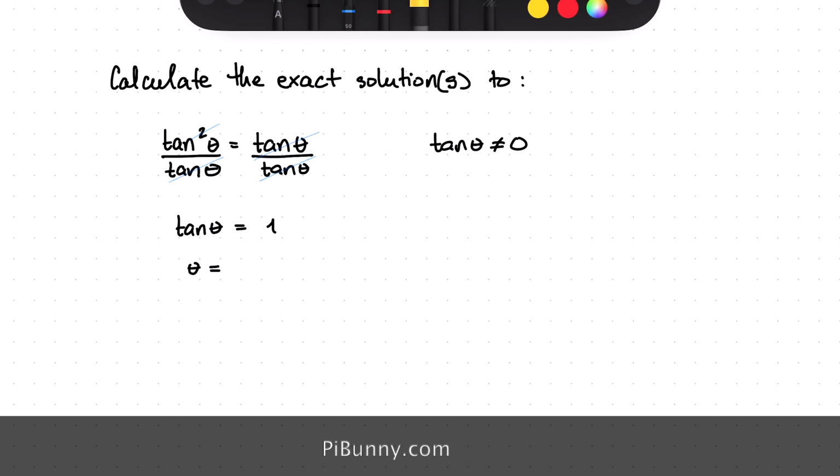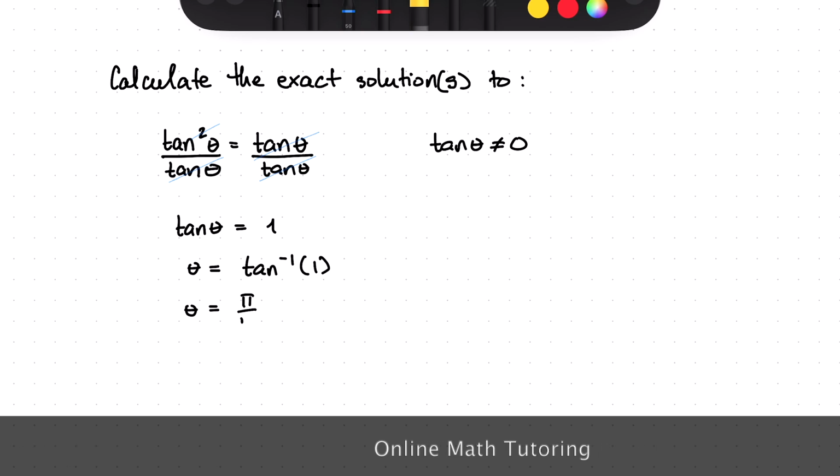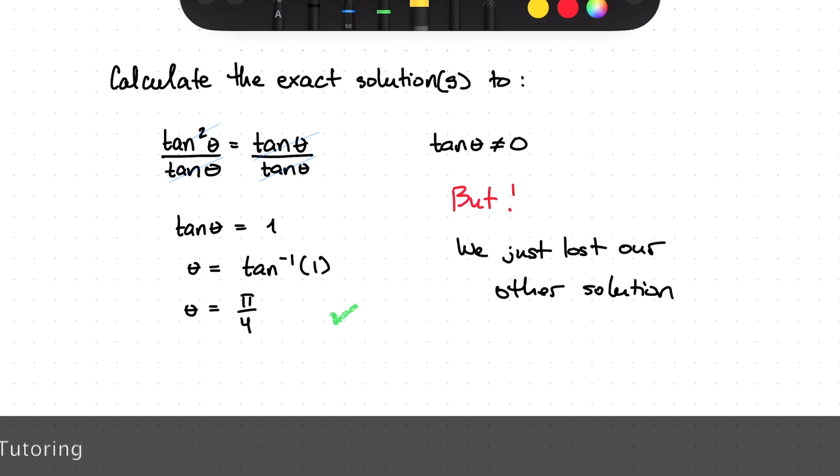Now it looks the same, so we will have tangent inverse of 1, which will give us theta equals pi over 4. Yes, that is the answer that we got last time, so that is correct. But we just lost our other solution, which is 0, and that is wrong. So I don't recommend doing it this way.